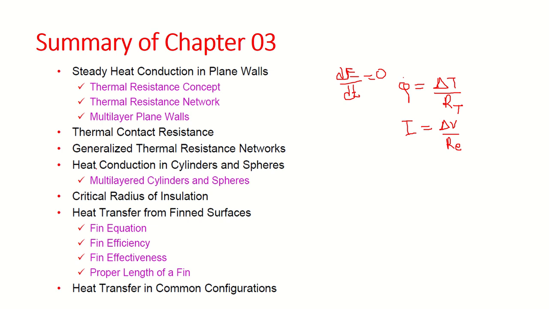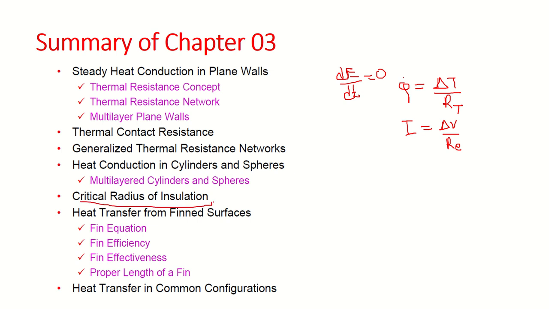Then you have also seen how heat conduction happens in cylindrical and spherical coordinates, as well as in spherical geometries. And you have seen the importance of the critical radius of insulation, how the critical radius of insulation is affecting things.